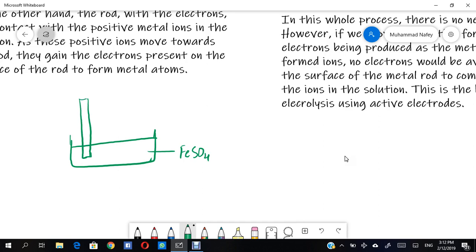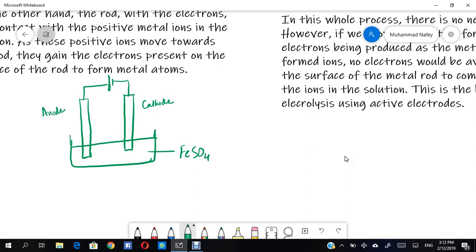So this is an iron electrode. Here's my cell. And these are my electrodes. This is the negative electrode, so this would be the cathode. And here is our positive electrode, which is the anode.